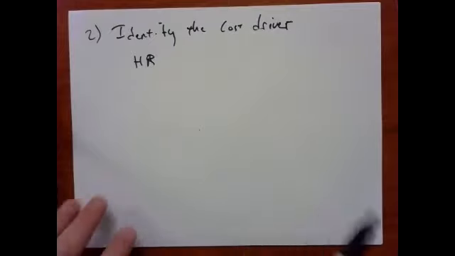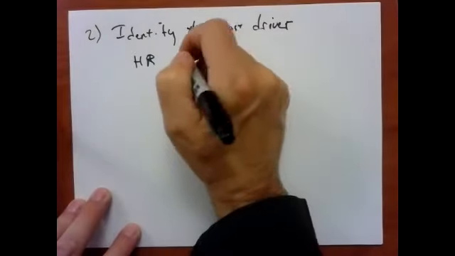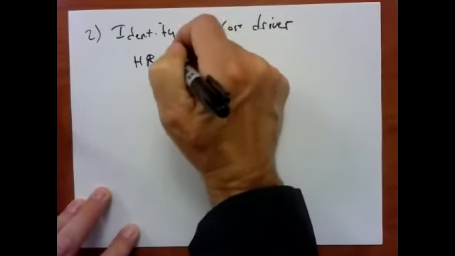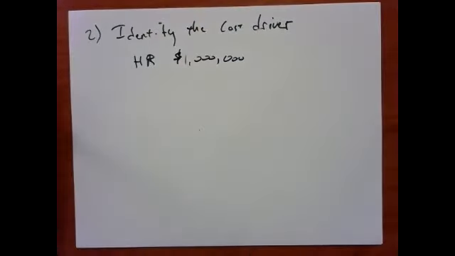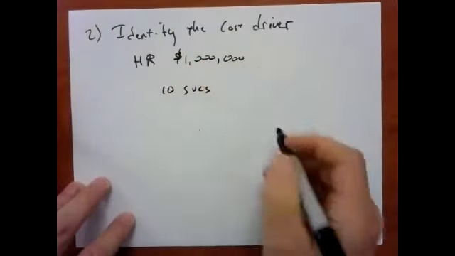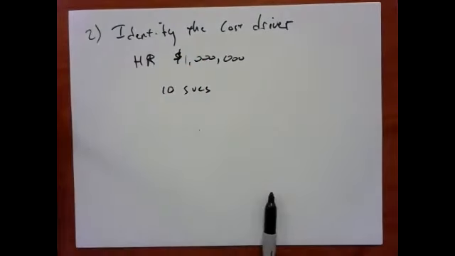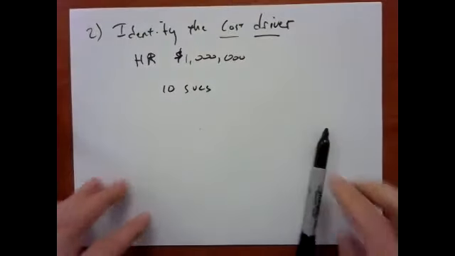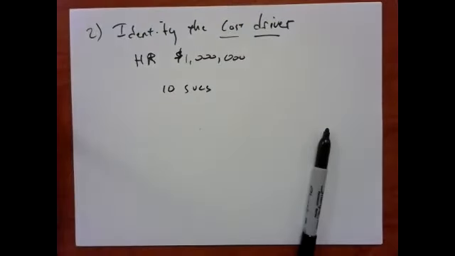So the question is, let's say HR costs us $1 million. How are we going to allocate? And let's say we've got 10 services. How do we want to allocate the $1 million? Well, the thing we want to ask ourselves is, what drives HR's cost?